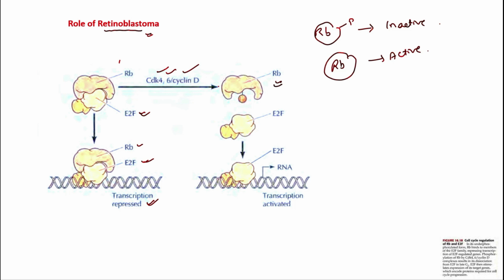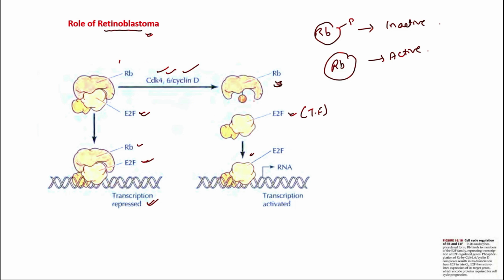So CDK4 as well as CDK6 will phosphorylate along with cyclin D. So now it is phosphorylated, which means it is not in its active condition. It is inactivated now, so it cannot bind with E2F. This transcription factor will be activated now and it will bind with the promoter region and do its work.